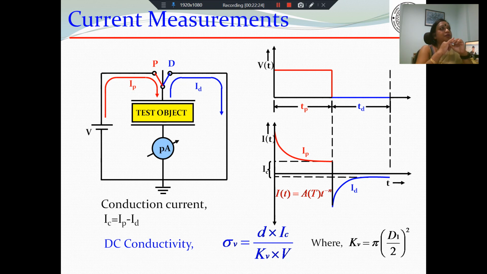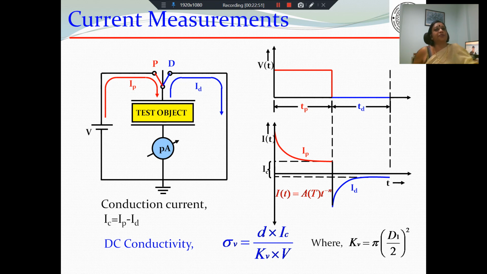For example, we would like to look at the polarization time, the depolarization time, the magnitudes, whether the polarization current and the depolarization current are mirror images of each other, and whether they are dependent on the electric field applied. Is it dependent on the material of the electrodes? Is it dependent on the thickness of the sample?